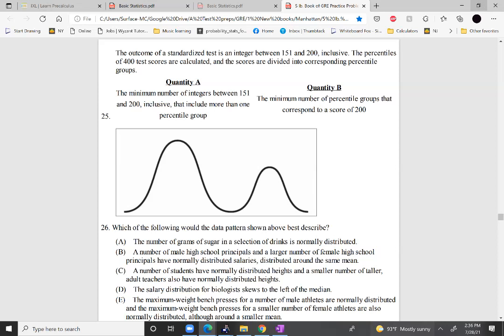How can you determine the minimum number of percentile groups that correspond to a score of 200? Let me see. Only one score could get that.